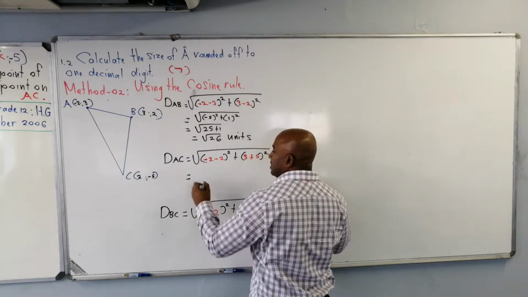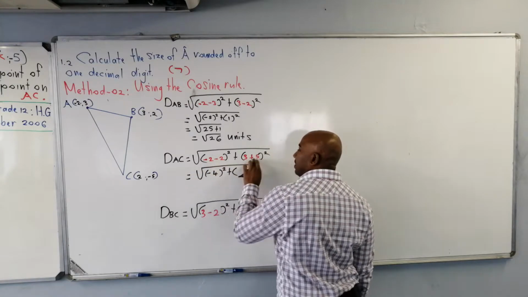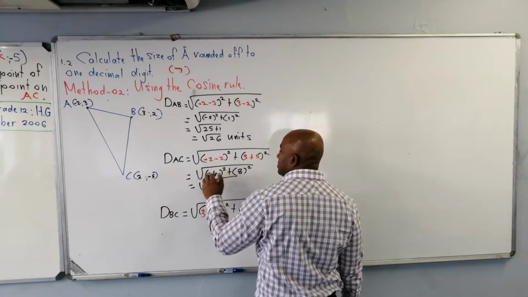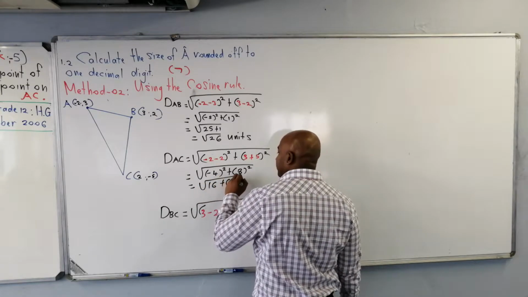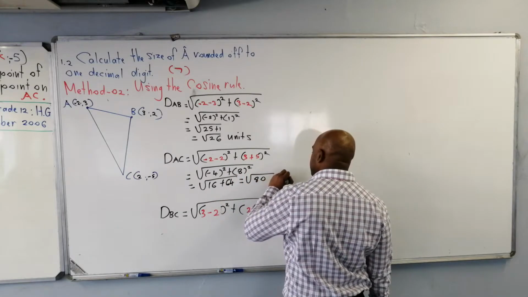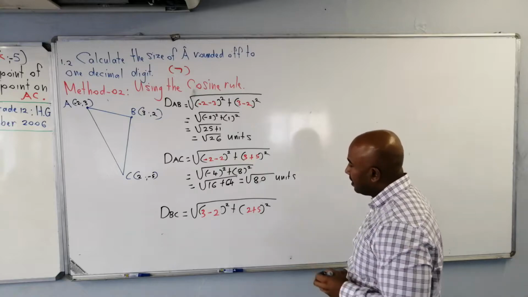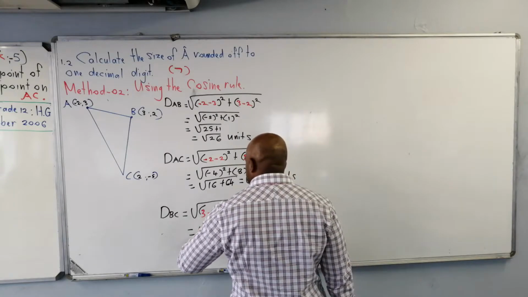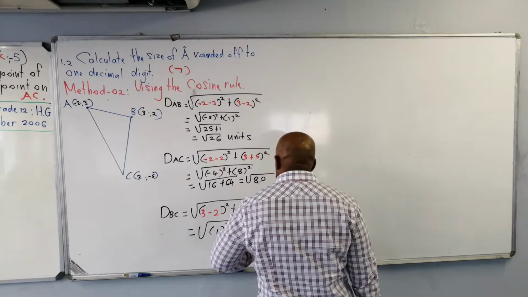The distance from A to C, that's going to be minus 2 minus 2 is minus 4 all squared. 5 plus 3, that will be 8 all squared. So minus 4 squared is 16. 8 squared is 64. So it's 80, the square root of 80 units. And the last one is DBC. 3 minus 2, that's going to be 1 squared. 2 plus 5, that is 7 all squared.